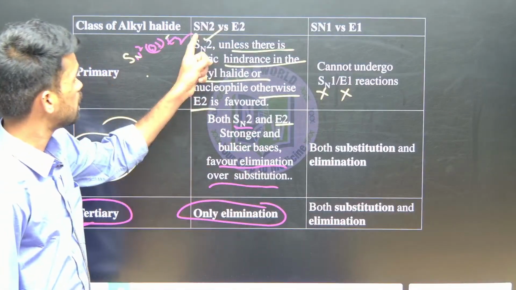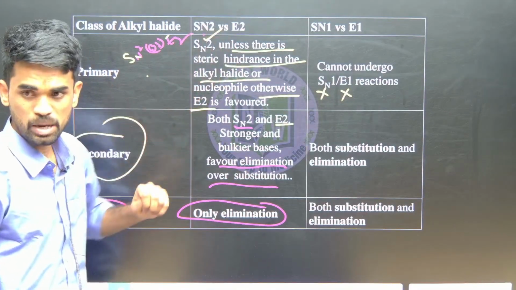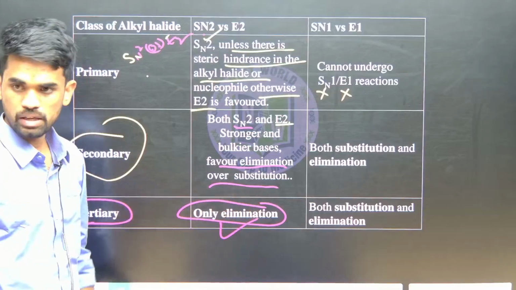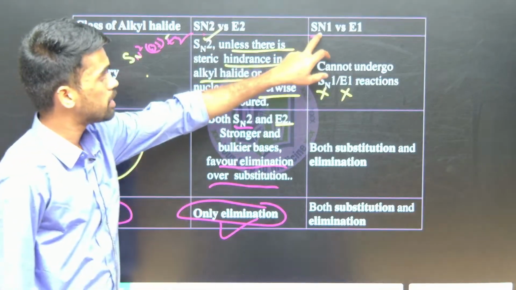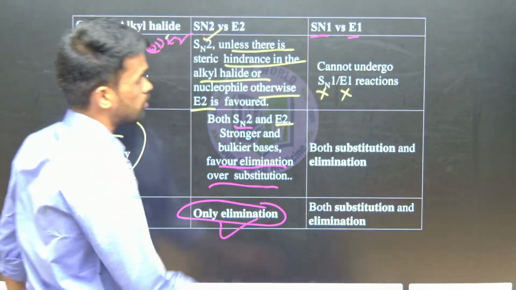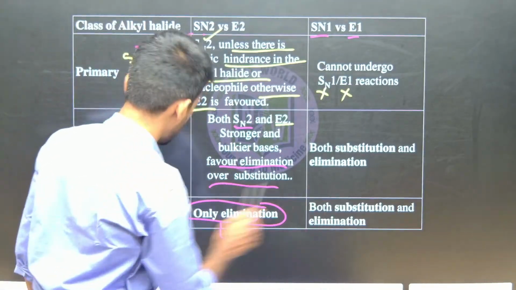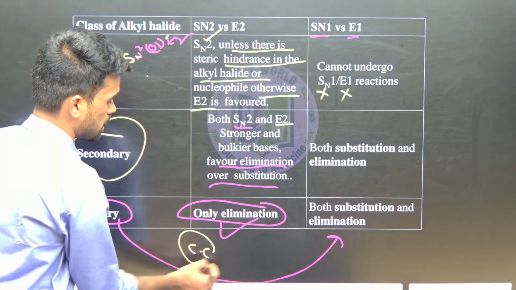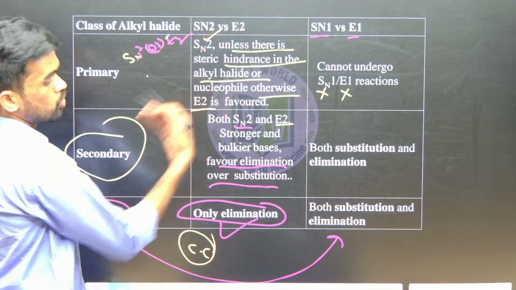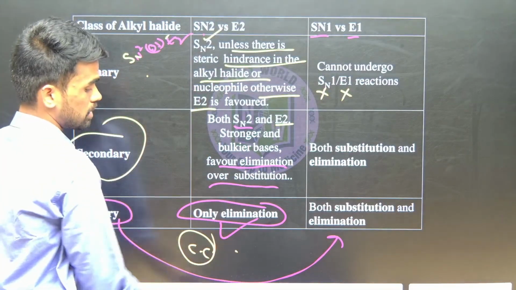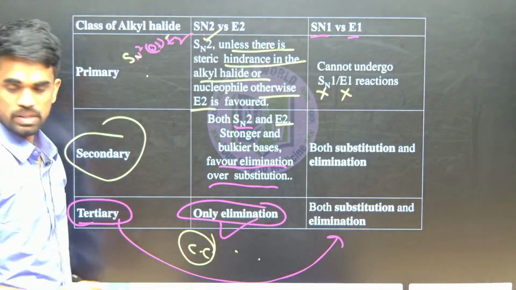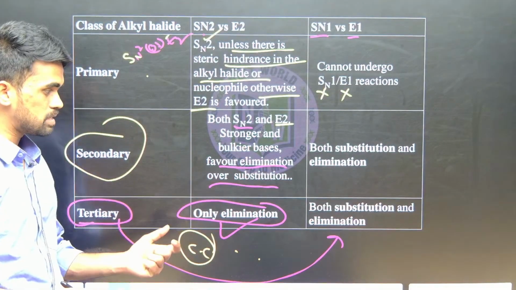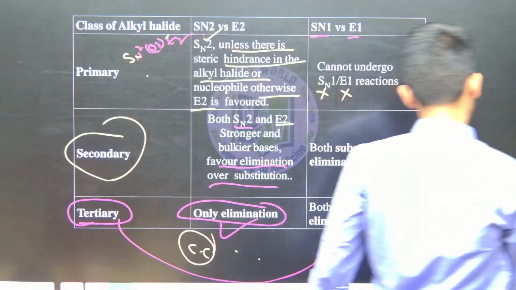If I compare E1 and SN1, both are possible, because in both cases, tertiary means we will have carbocation formation. So again you need to look for the solvent and whether the given compound is a base or nucleophile.